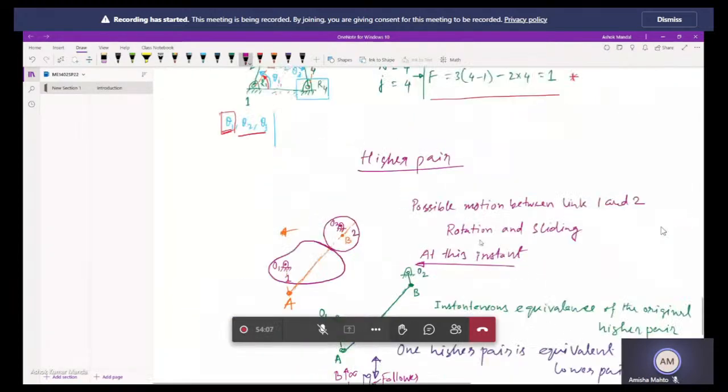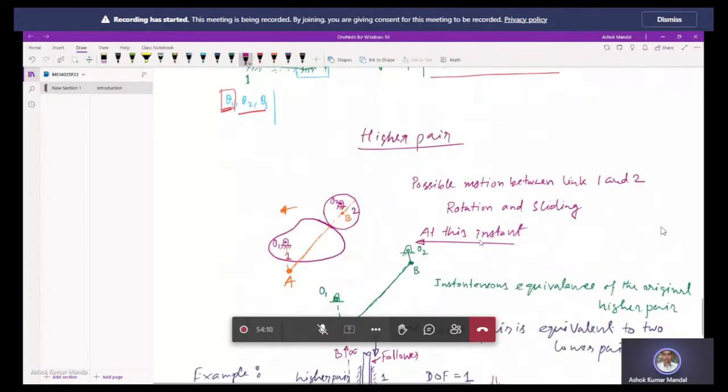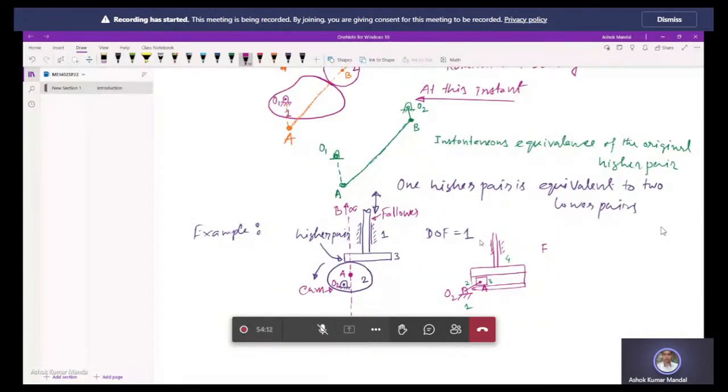F equals 3 into n minus 1, minus 2j, where j is the number of simple joints. For this equivalent system there are 4 links, so 4 minus 1. How many joints are there? 1, 2, 3, 4.